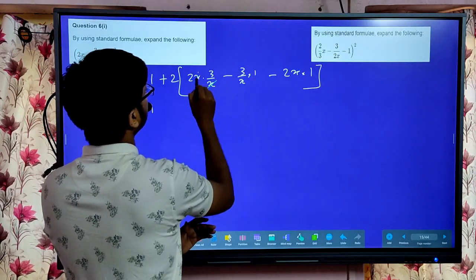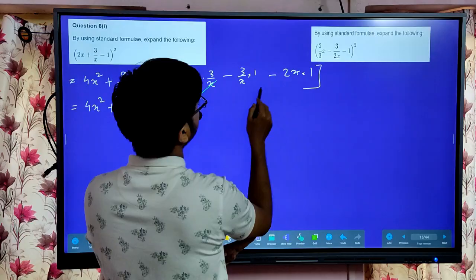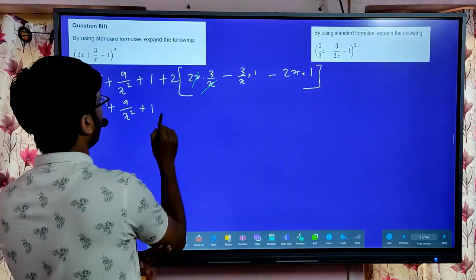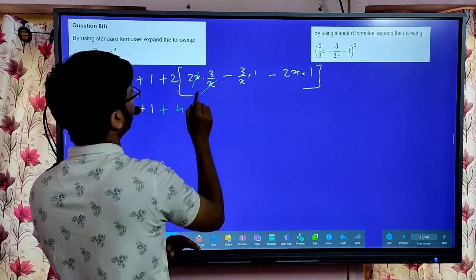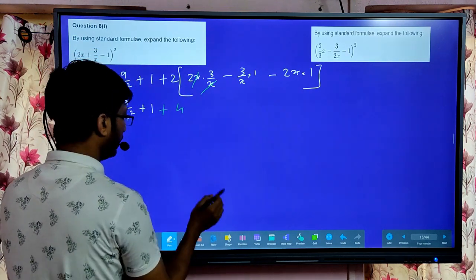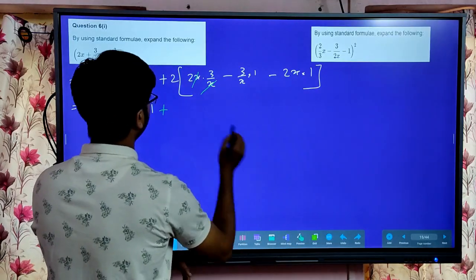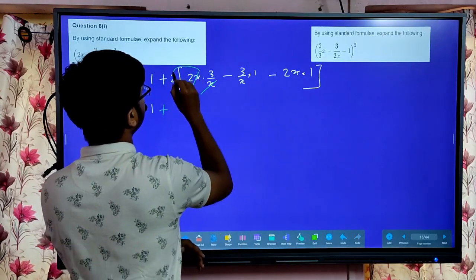This x will cancel out with x. There is no extra cancel out. Plus this will be 4. 2 into 2 into 3, so 12. Sorry, it will be plus, we are multiplying like this, okay?